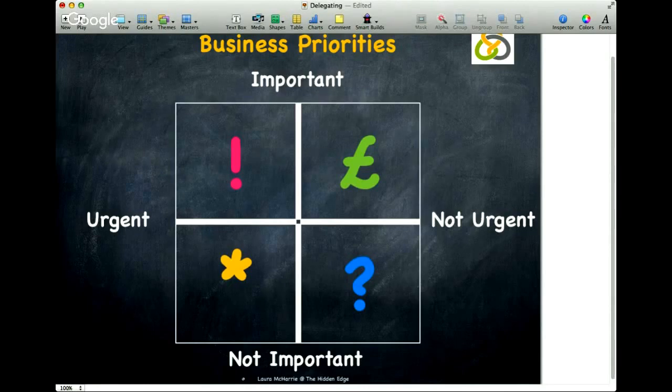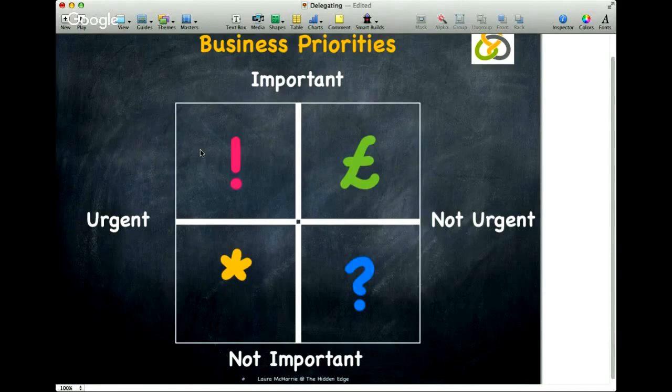So the 4 groups that he's identified, I describe them as the exclamation mark, the things that are important and really urgent to you. Then there's the pound sign. This is the box where things are important, but they're not quite so urgent. We perhaps want to put some time aside for that.